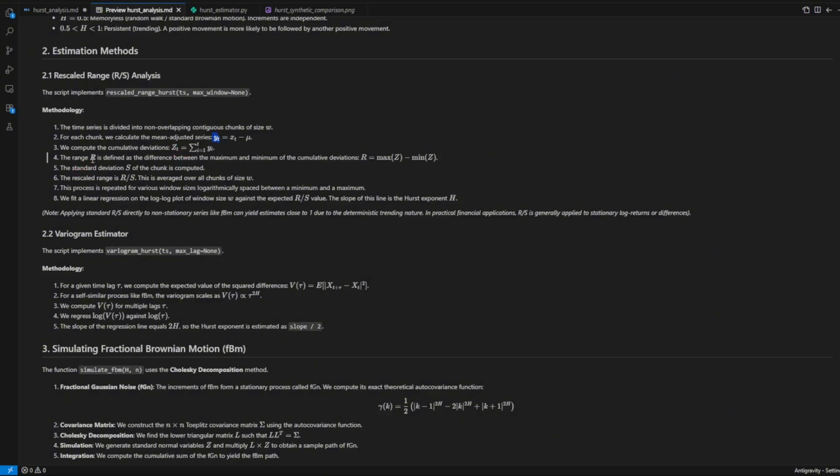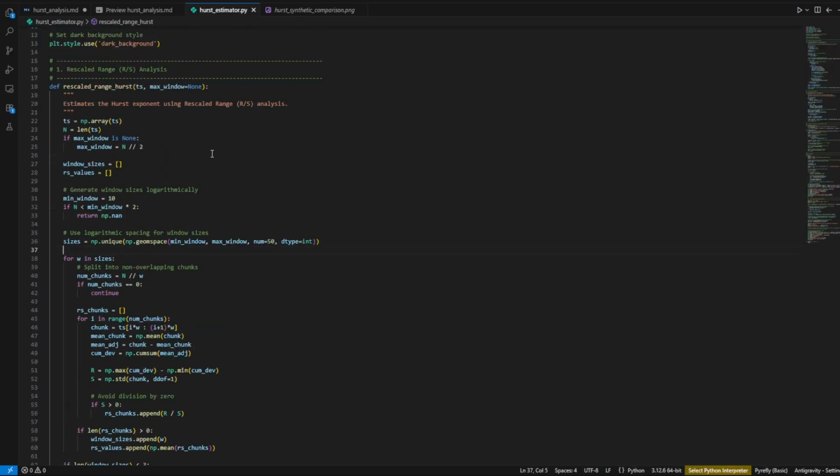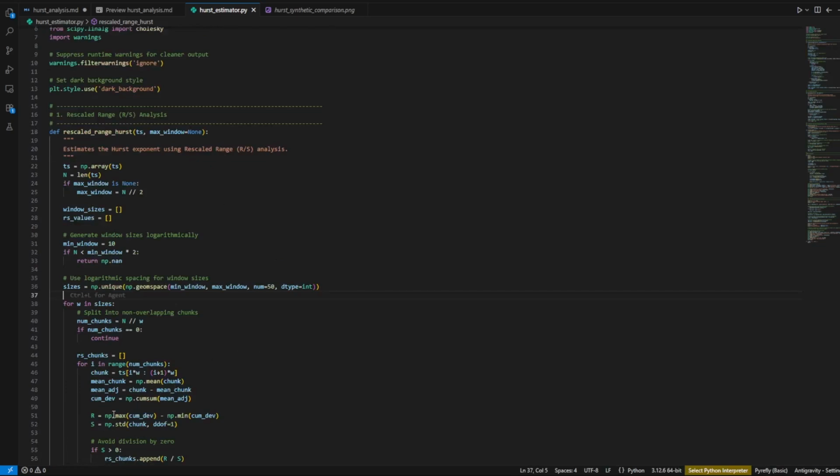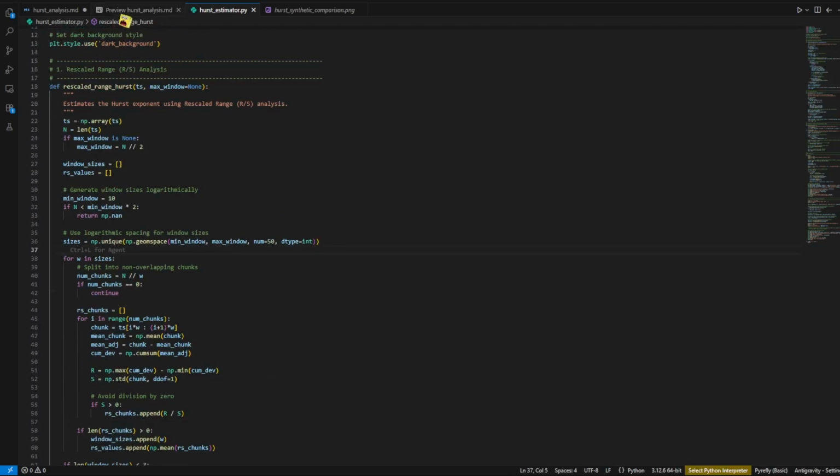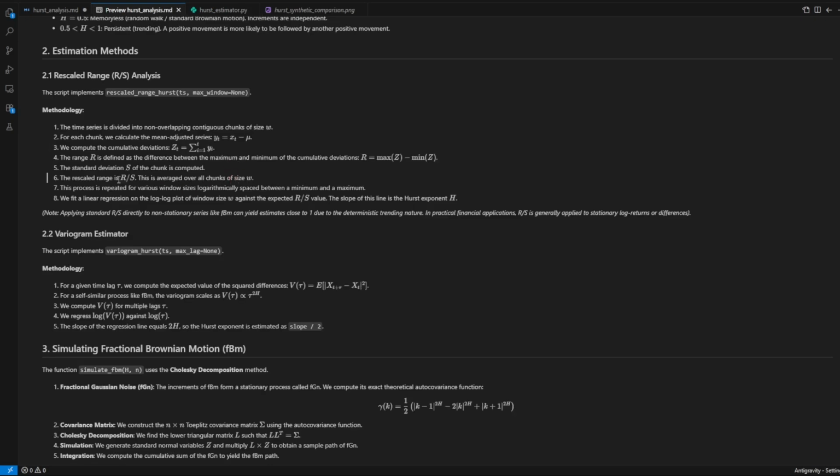Then the range R is defined as the difference between the max and the min of the cumulative deviation, using max and min. And then we compute the standard deviation S of the chunk, and the rescaled range is R over S. This is averaged over all the chunks of size W, as we said.